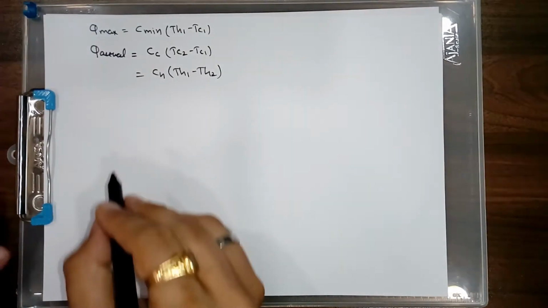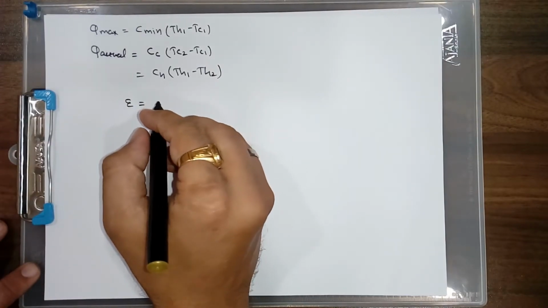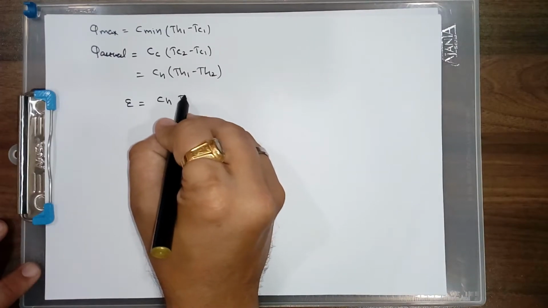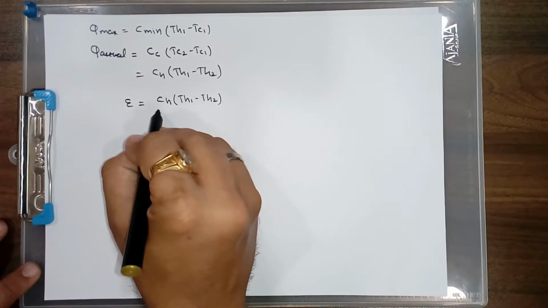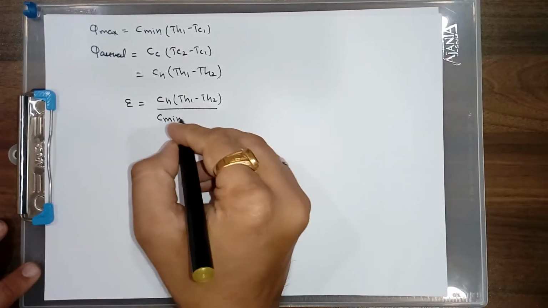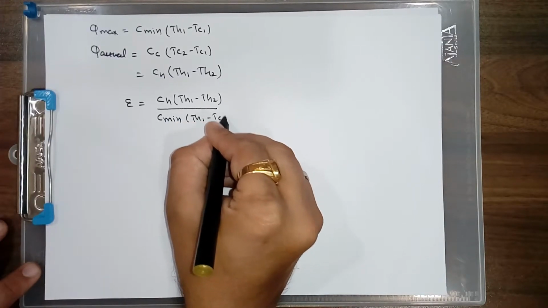So effectiveness we can write using both formulas: C_h into (T_h1 minus T_h2) divided by C_min into (T_h1 minus T_c1).